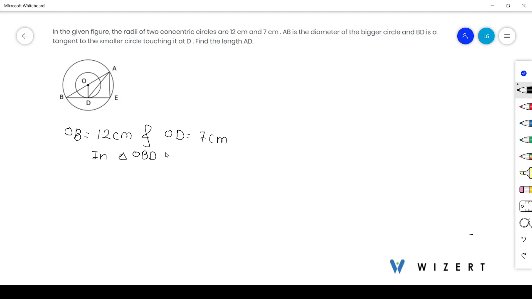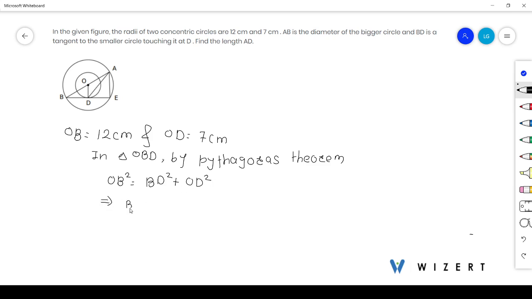In triangle OBD, by Pythagoras theorem, OB square equals BD square plus OD square.